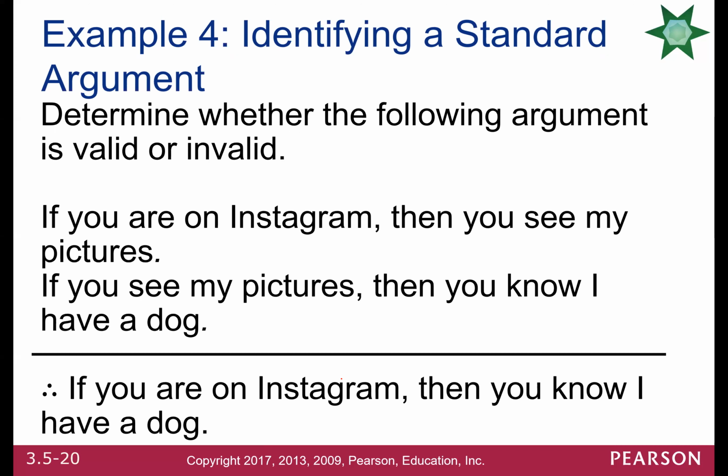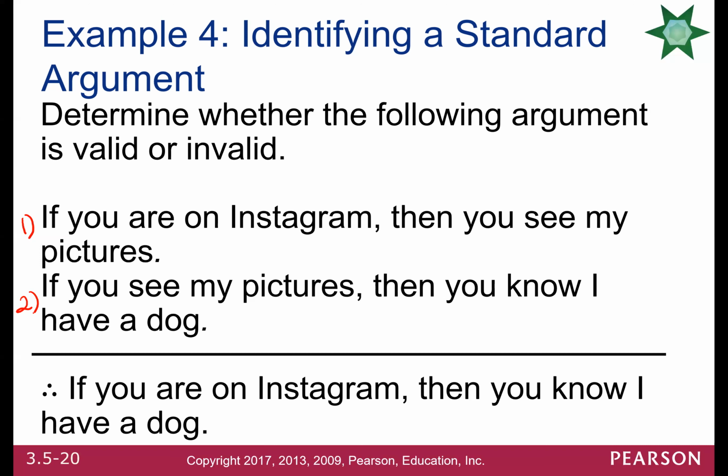So there's our first premise. Second premise is, if you see my pictures, then you know I have a dog. And my conclusion is, if you are on Instagram, then you know I have a dog. Is this a valid argument or not?